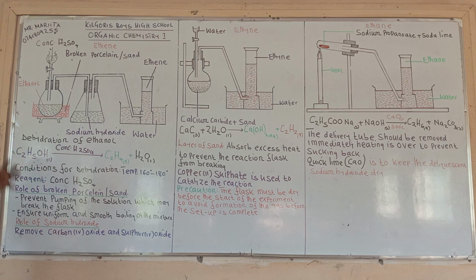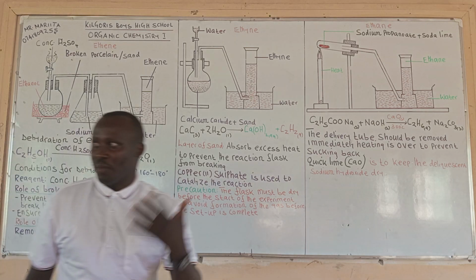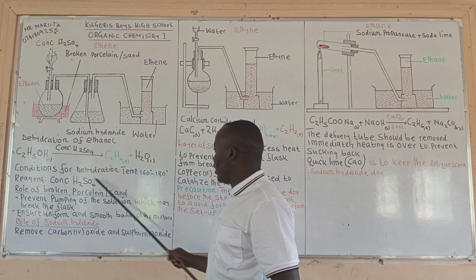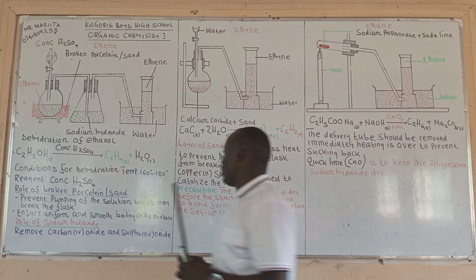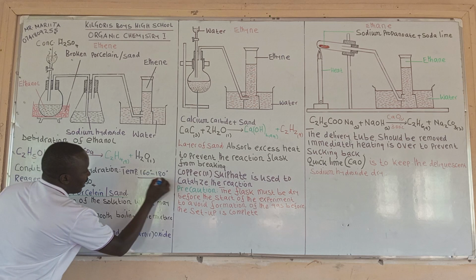If the water molecules are removed from ethanol, you remain with ethene gas, which is 2 carbon and 2 hydrogen, and then of course we have water. This type of reaction, whereby the concentrated sulfuric acid removes water from a substance, is called dehydration.